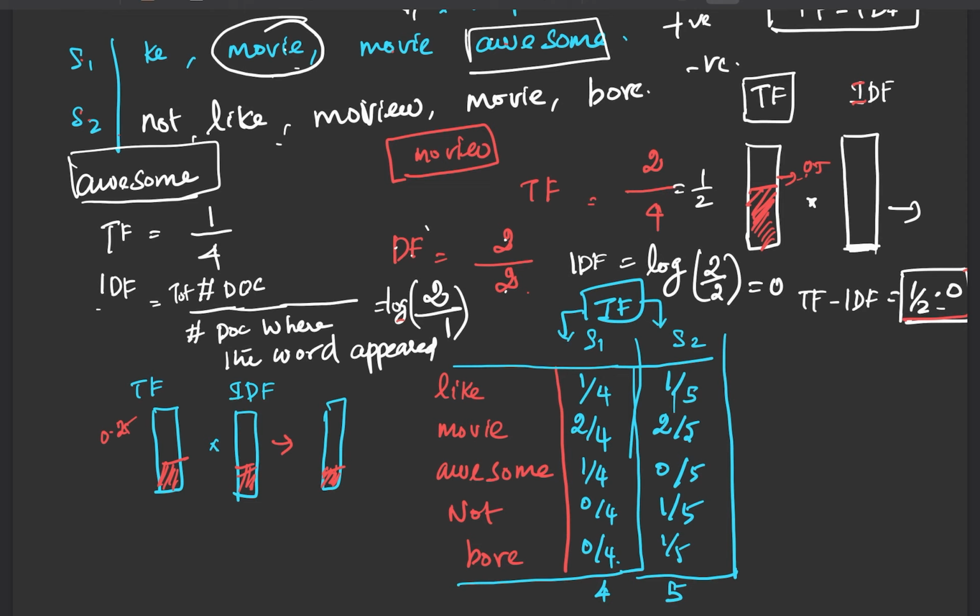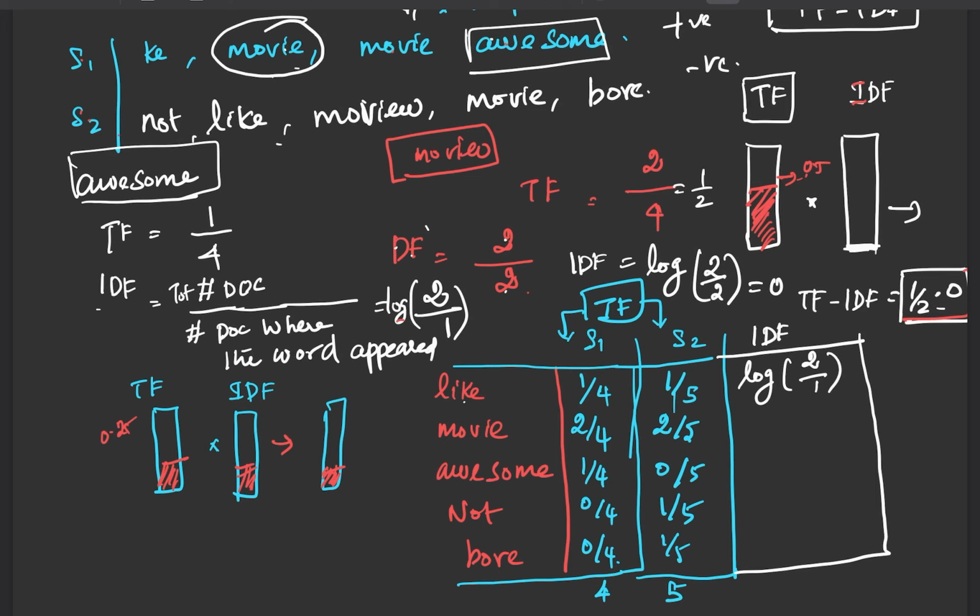Then we'll measure IDF, inverse document frequency, which is the log ratio of the total number of documents to how many documents have the given word. So for like, only 1 document has it, so it is 2 by 1 in the log.